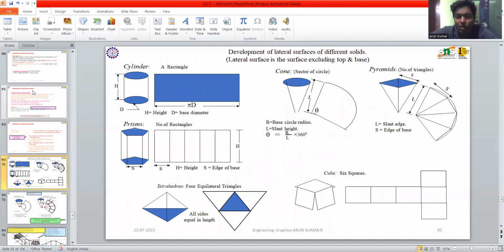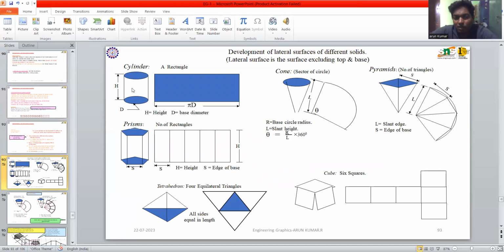So here is the overall review of development of lateral surfaces of different solids. I have taken a few examples: a cylinder, prism, cone, pyramid, cube. First, I will talk about a cylinder. The top and bottom surfaces look circular.